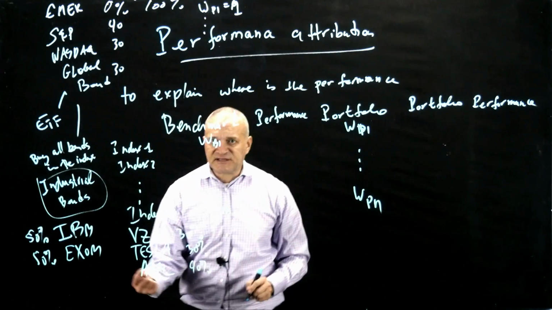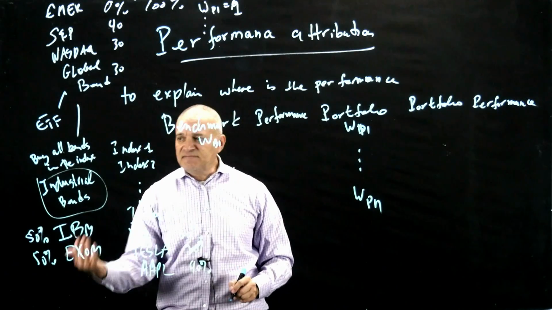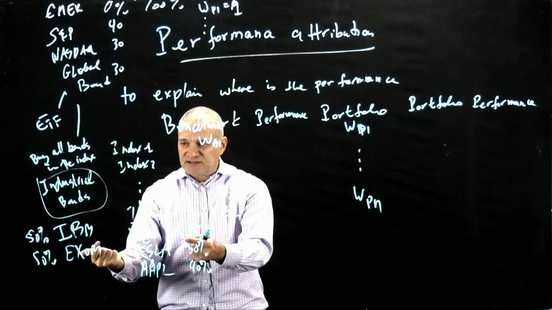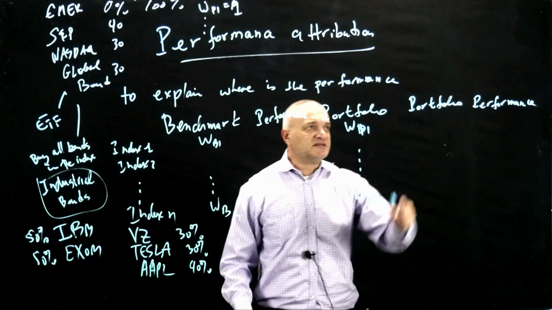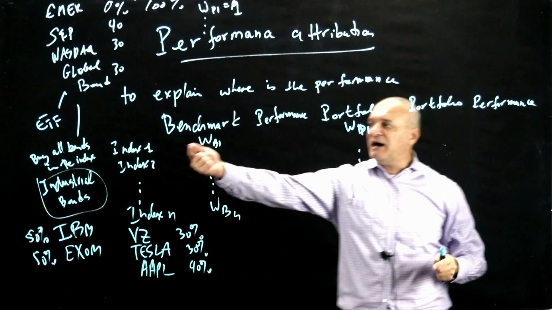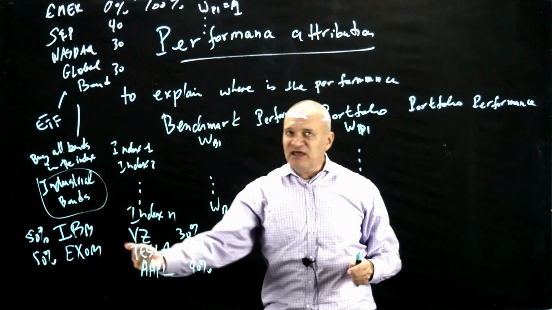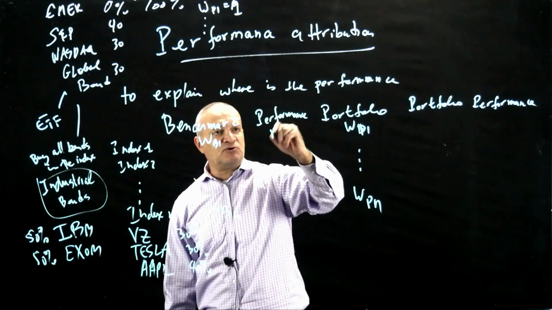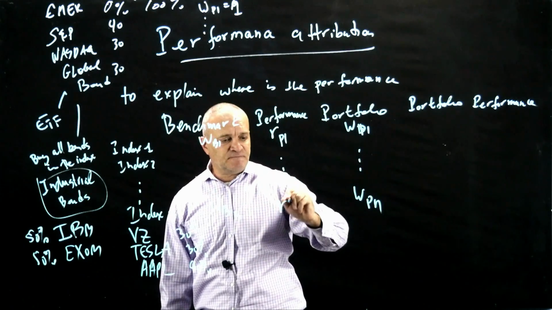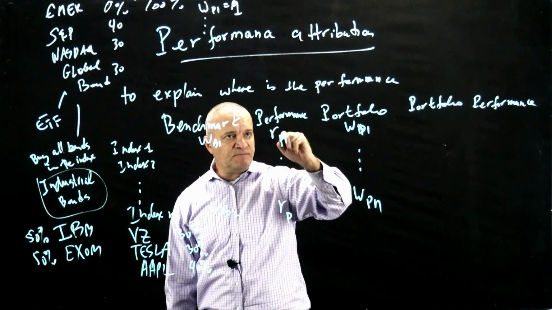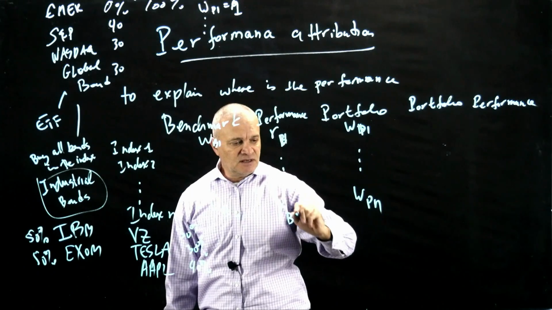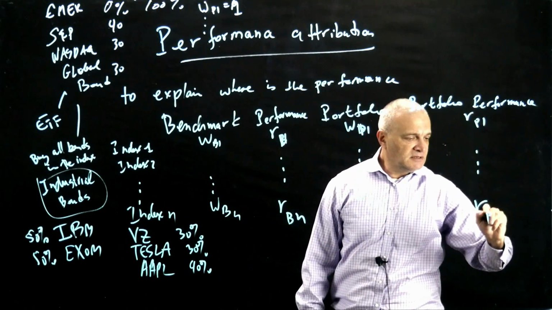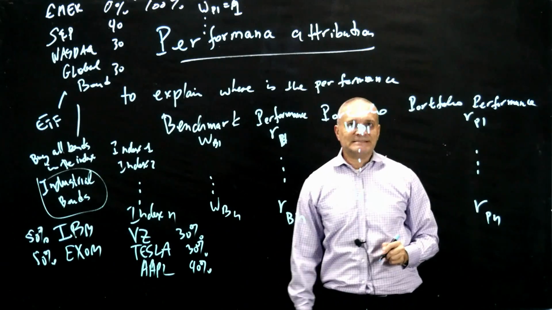So you invested in the same sector, which is your benchmark, but your investments were different. That's why the portfolio performance might be different from the benchmark. So this is going to be the benchmark performance, and this is going to be my portfolio performance.